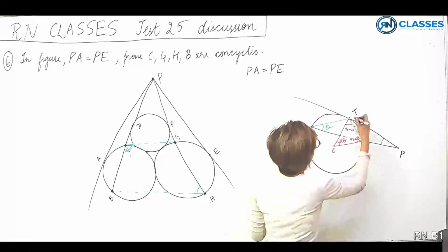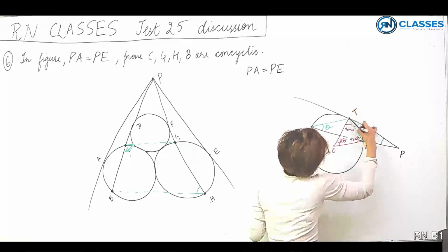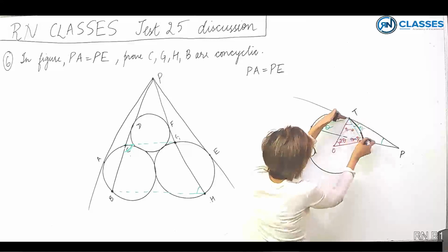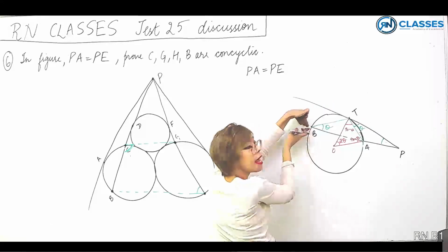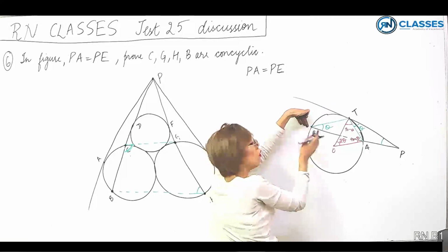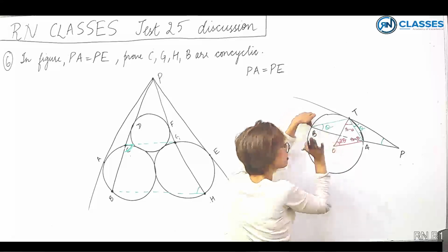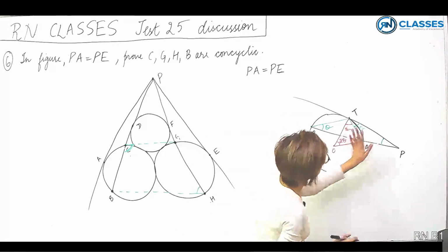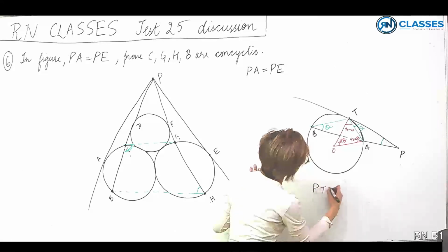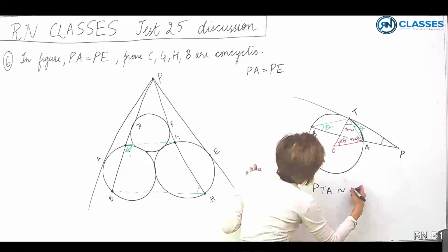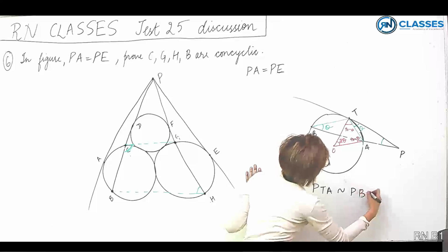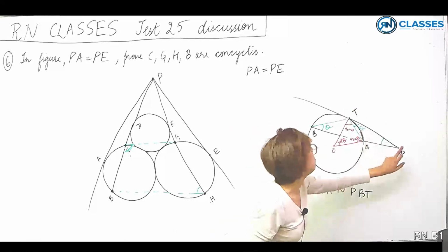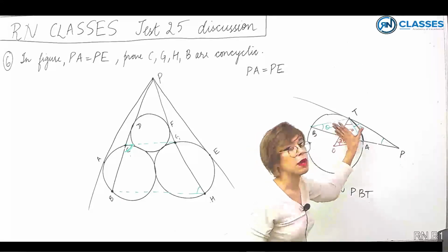Come on. The same arc. This arc is subtending the angle at the center. The arc is subtending the angle at any other point on the circumference. So, obviously, if this is 2 theta, this is theta. Right? Okay. So, now, can you see that triangle PTA is similar to PBT? PTA as in this triangle, PBT as in the big one.